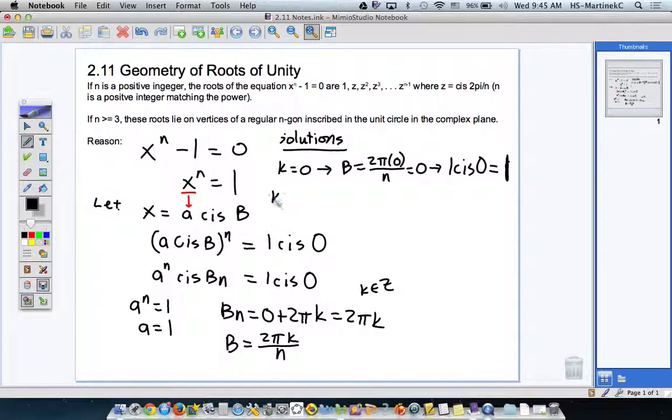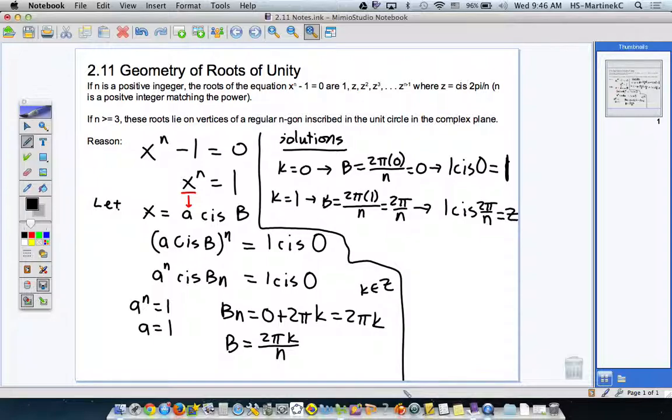If we did k equals 1, then our angle would be 2 pi times 1 over n, or 2 pi over n. So that would be 1 cis 2 pi over n. Now in the theorem they call that just regular z because that's our first root of unity.